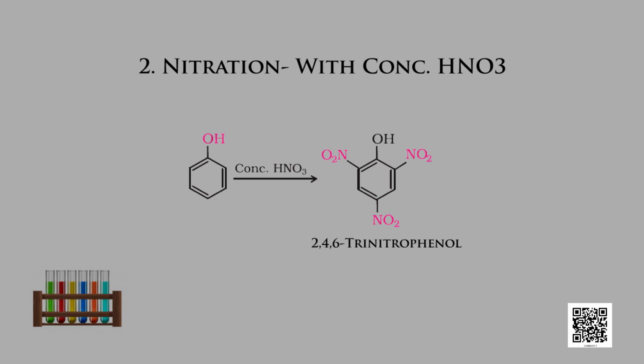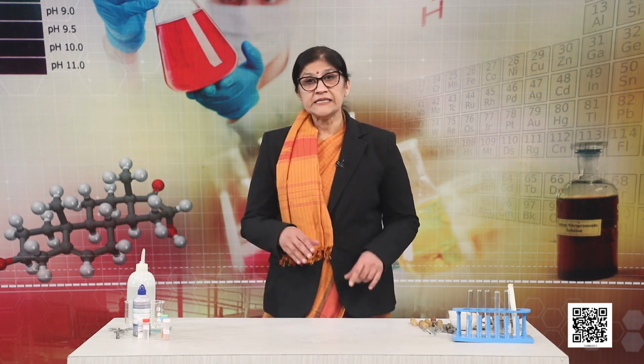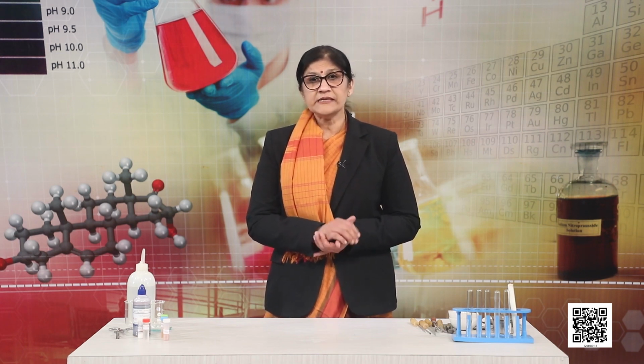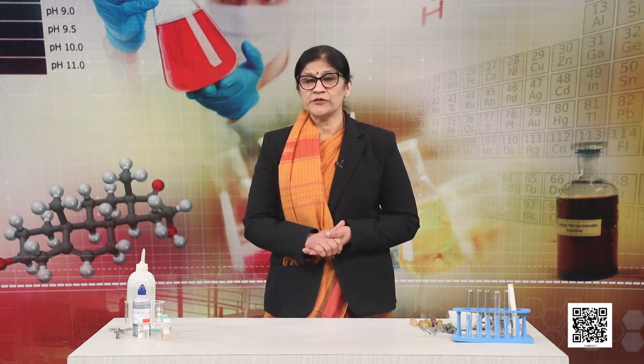The yield of the reaction product is poor. Nowadays, picric acid is prepared by treating phenol first with concentrated sulfuric acid, which converts it to phenol 2,4-disulfonic acid, and then the concentrated nitric acid to get 2,4,6-trinitrophenol.